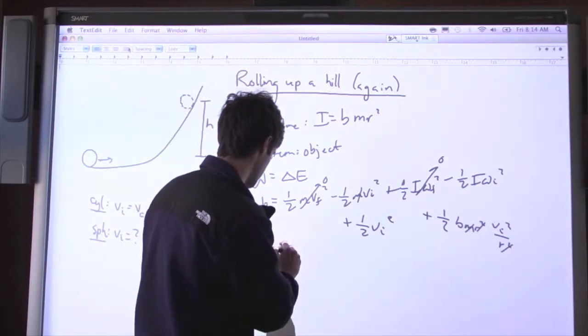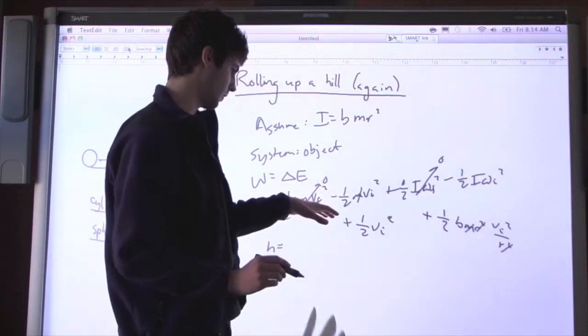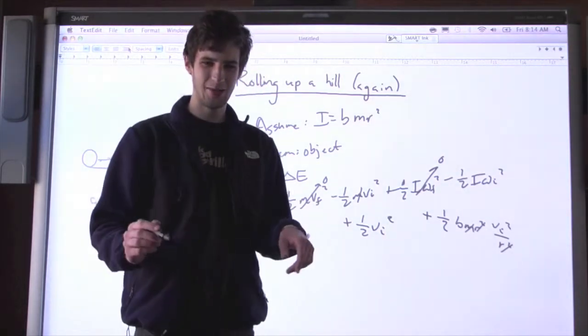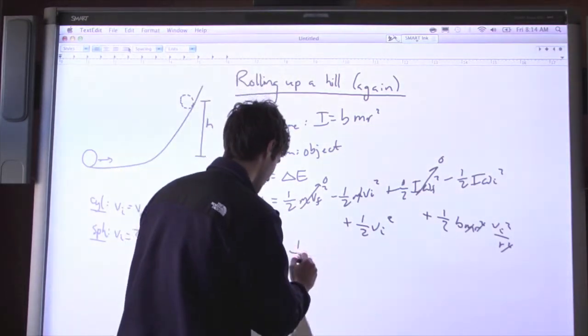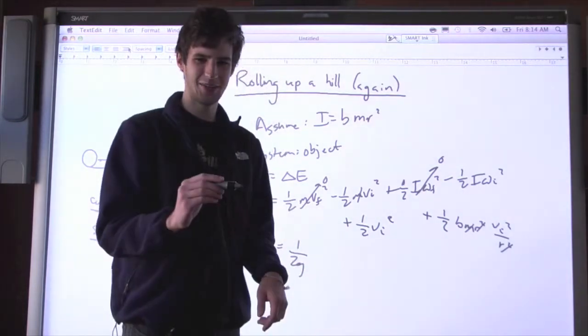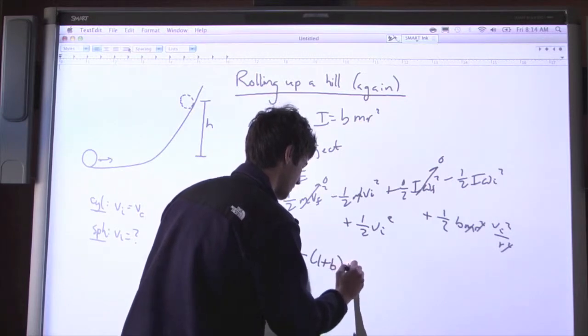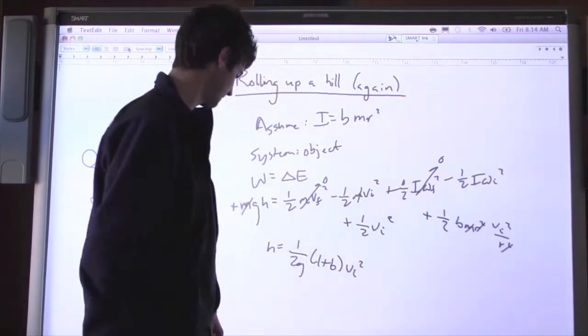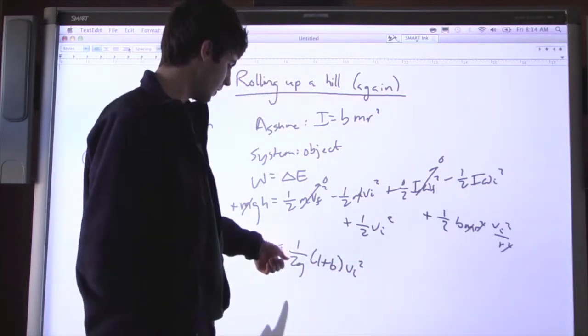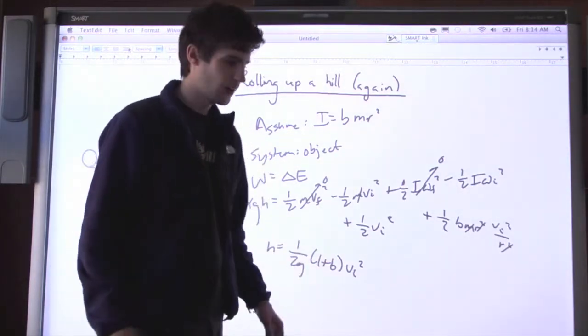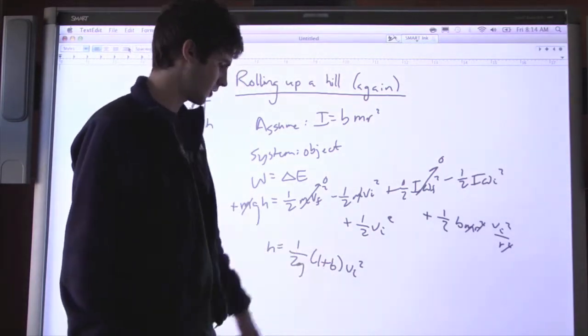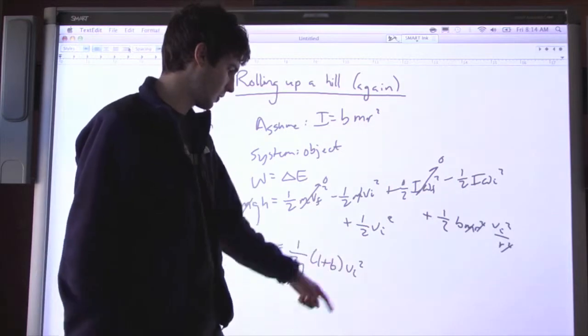So h is going to equal, if I do some algebra, 1 over 2g times 1 plus b times v initial squared. Okay, so now I know that this is how high the sphere and the cylinder are going to reach, only in terms of b and their initial speeds.